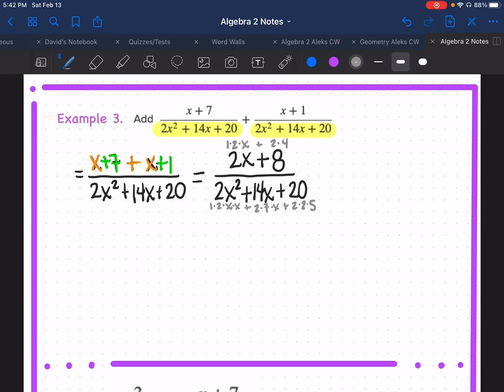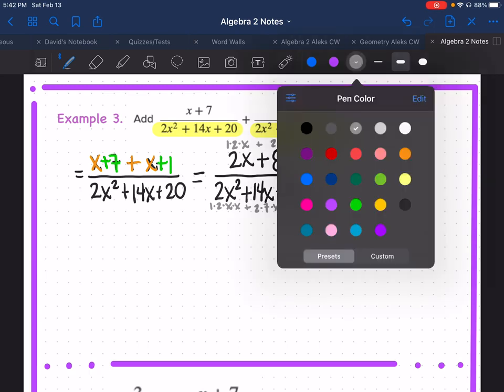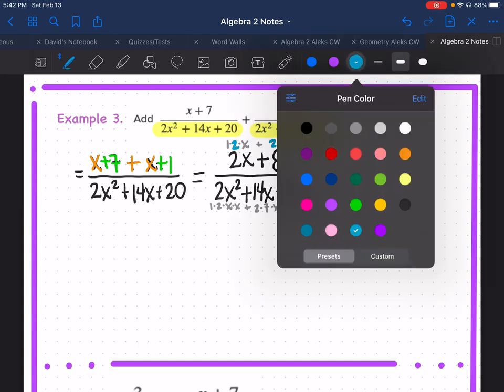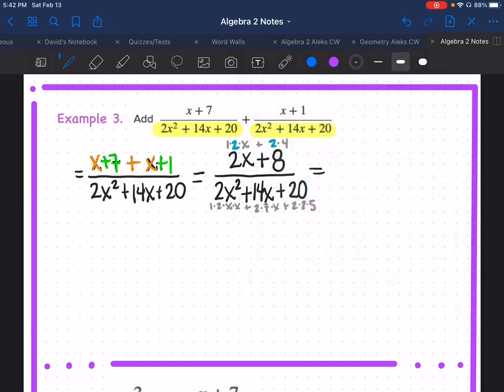All right, so what I'm looking for is a GCF, the greatest common factor, just like we talked about in lesson 6.1. So let's look at the numerator. My greatest common factor that the two have in the numerator is the 2. They only have the 1. Now the 4 is actually 2 times 2, and I could have done that, but I knew I didn't need it. So I'm going to put the blue 2 that they have in common in the numerator first.